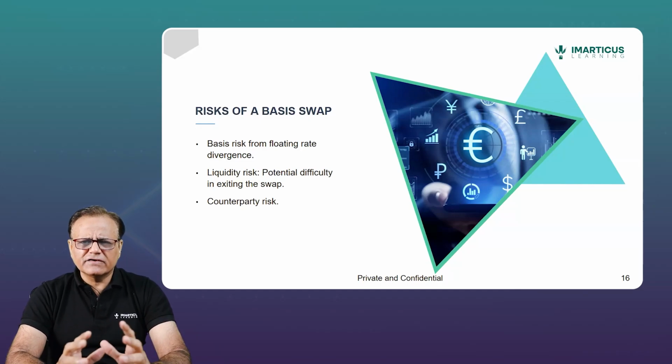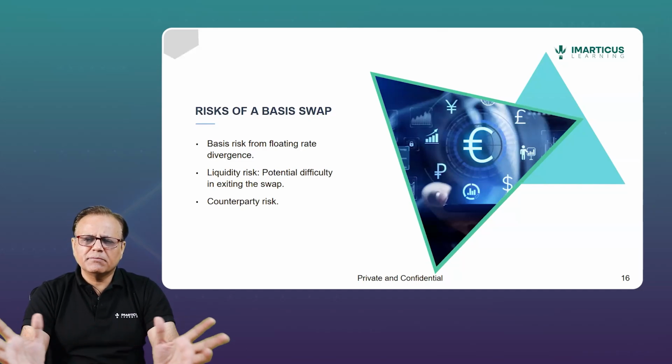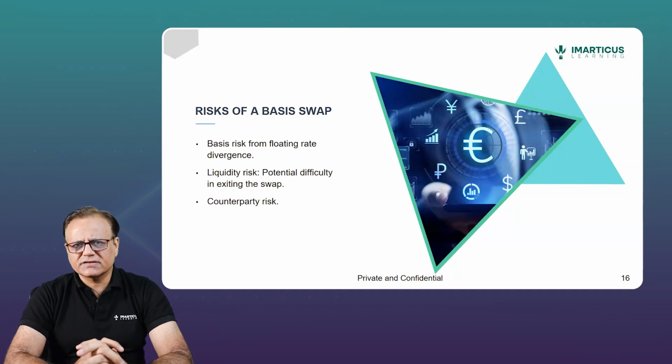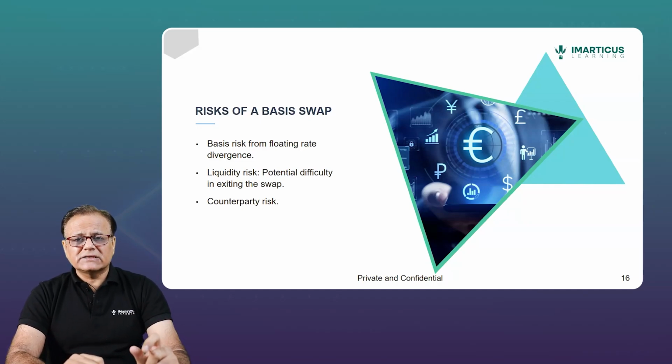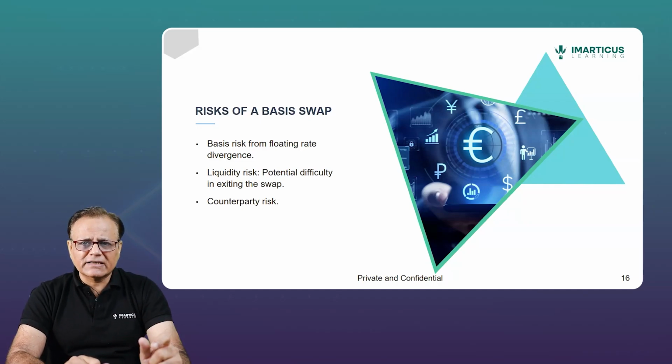While, of course, given the fact that it's a huge market, a lot of global investment banks play a very major role in bringing together corporations and institutions for such swaps. It's not as much of a liquidity risk, but yes, there will be an element because the nature of the contract is OTC. It's customizable.